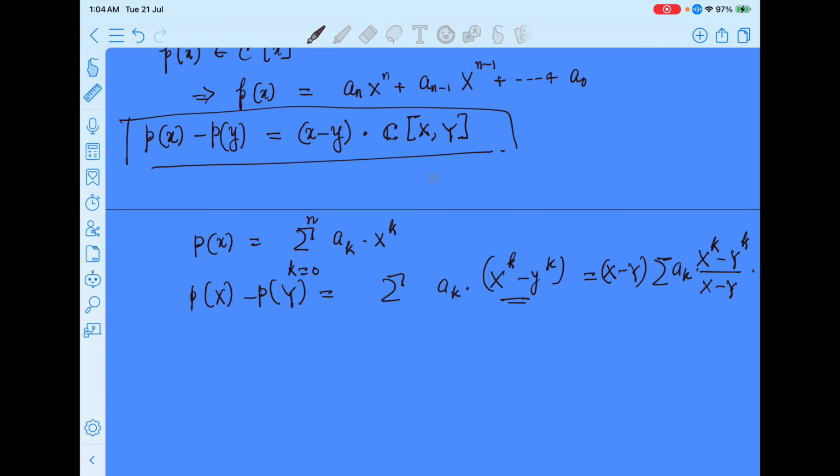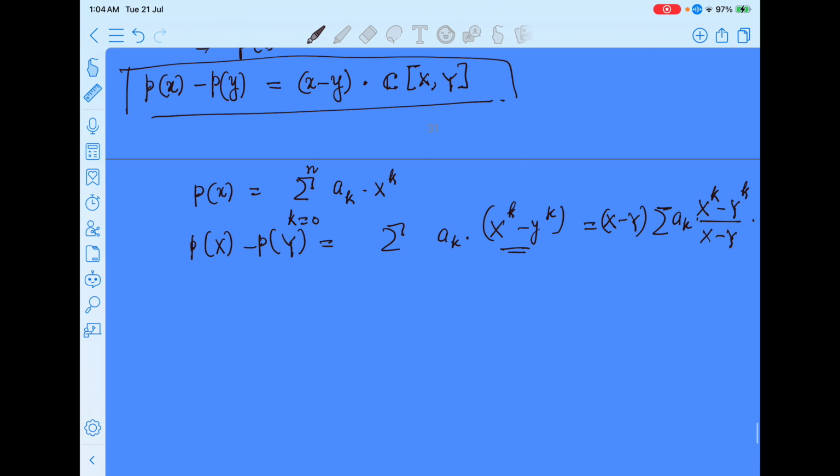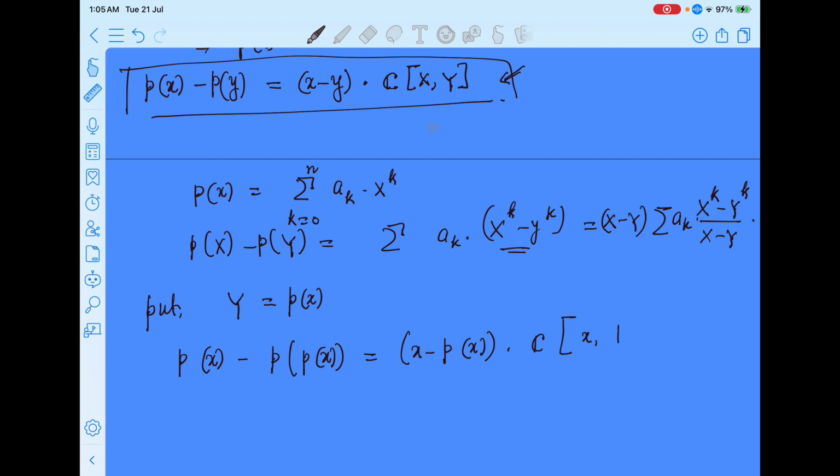Okay, now just put y equal to p(x) here in this equation. So we have p(x) minus p(p(x)) equal to x minus p(x) times some polynomial in this.